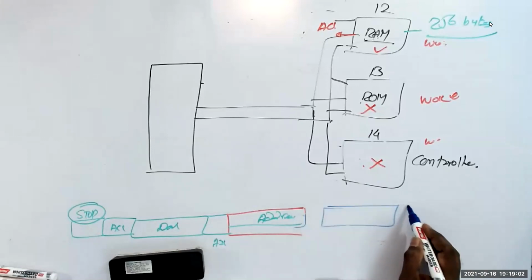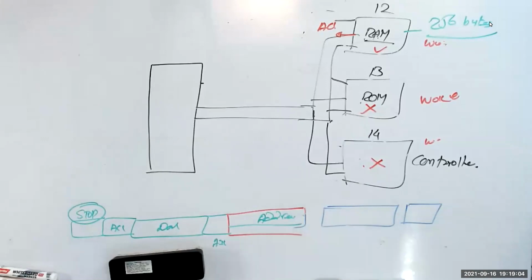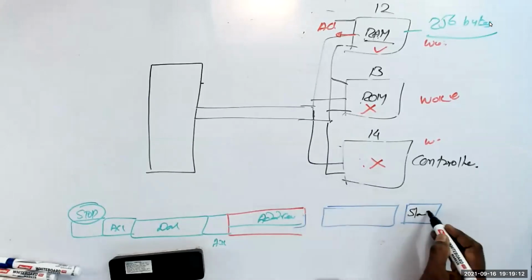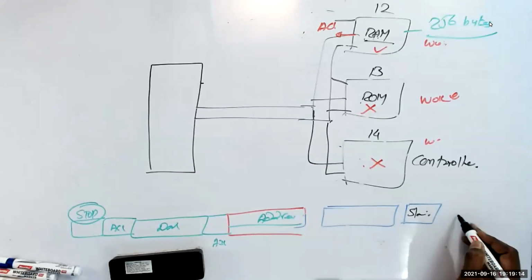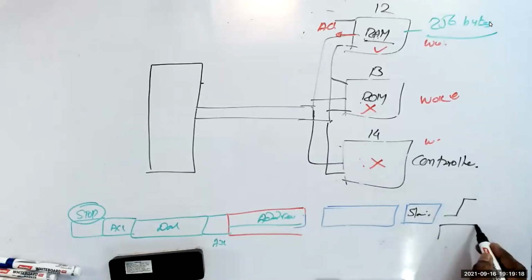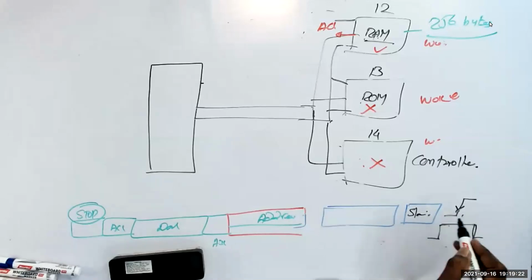start. Okay. Now we start. We know what is meant by start. We know that I make the data go from high to low when the clock is high. So that means start.